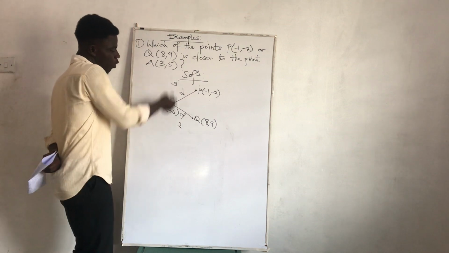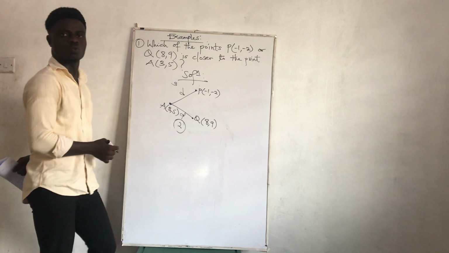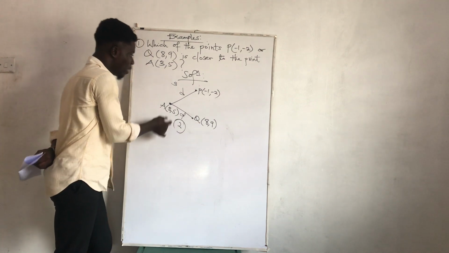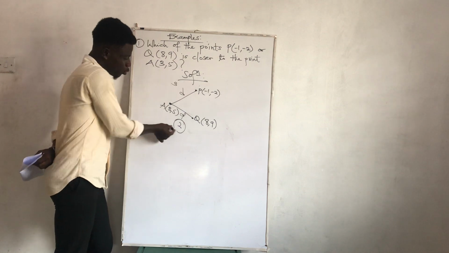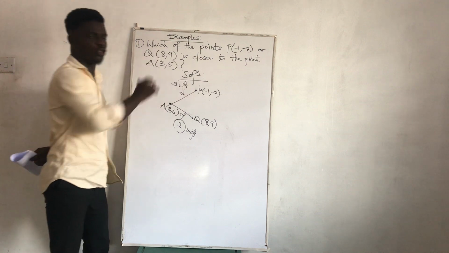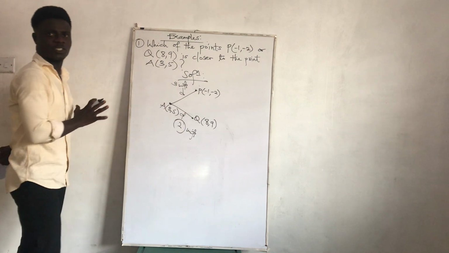Now, which of these is closer to point A? It's Q, because the distance is 2, and here the distance is 3. So we have 2 units, then 3 units. Again, you just do a rough sketch.